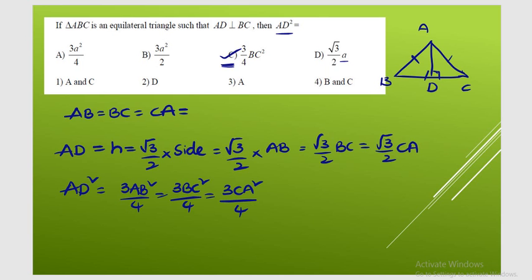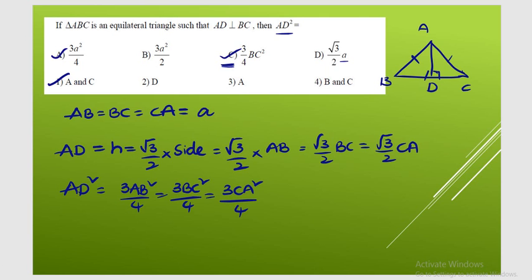So that's why we need to consider AB is equal to BC is equal to CA is equal to A. Then we are going to get one more option, 3A square by 4. So from this we can consider A and C. When A is not given and only the C option is given, then you need to choose C only. You should not go with A. Since here he did not give C alone, we are going with A also.